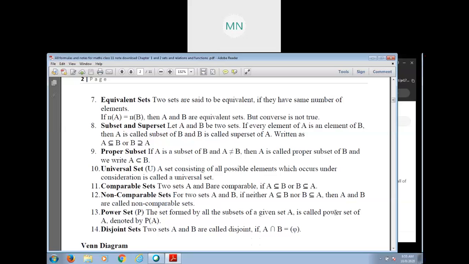Suppose A is a set that contains n elements. The formula is this one: the number of elements in P of A is 2 to the power n.